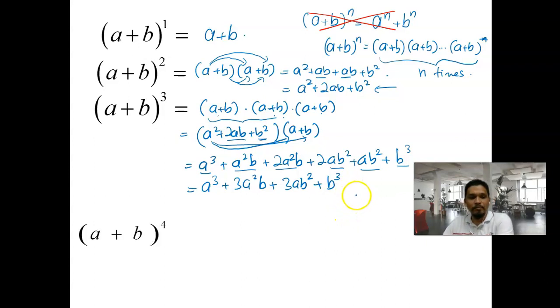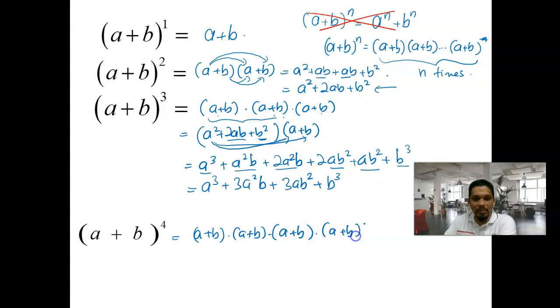Okay, so what about this one now? Just imagine that we have (a + b) multiplied with (a + b) multiplied with another (a + b) and another (a + b). You're going to expand. Okay, it's very long here. Simplify until you get the answer. You can just try yourself. Test yourself to see what you will get at the end.